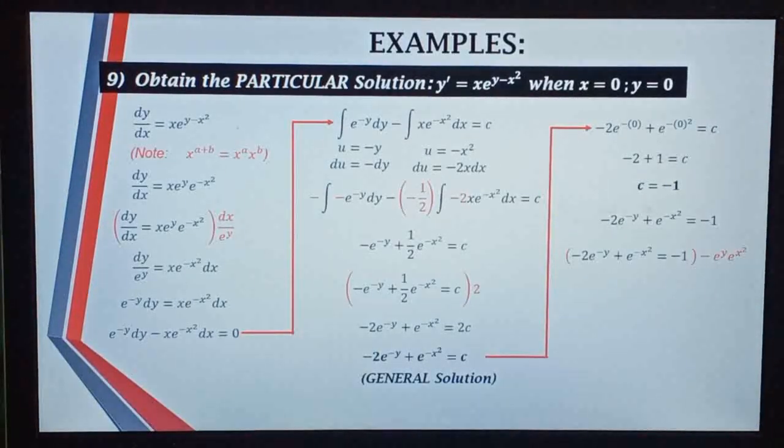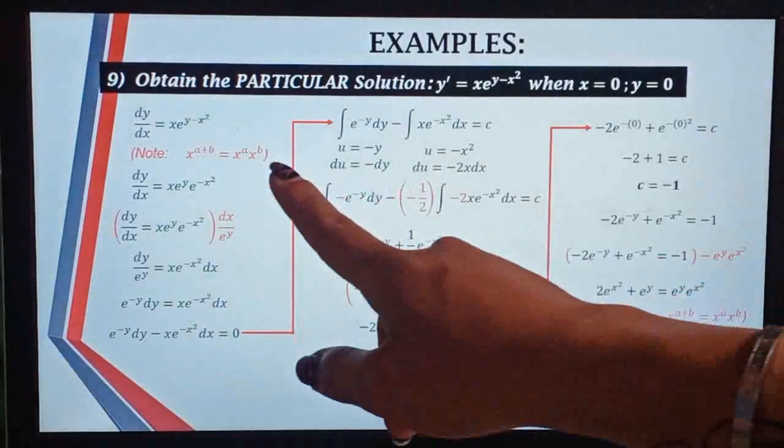So, simplifying the equation by multiplying sa negative e raised to y and e raised to x squared. Ang magiging equation mo na ngayon is 2 e raised to x squared plus e raised to y equals e raised to y multiplied to e raised to x squared. Babalik tayo dun sa ginamit natin kanina.